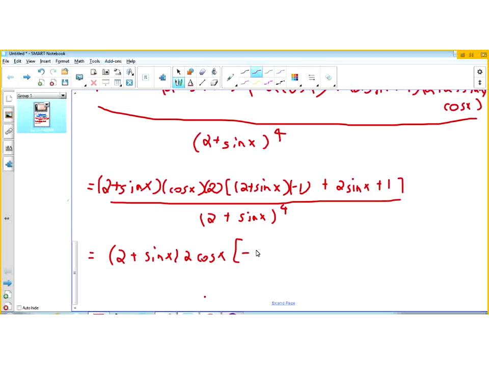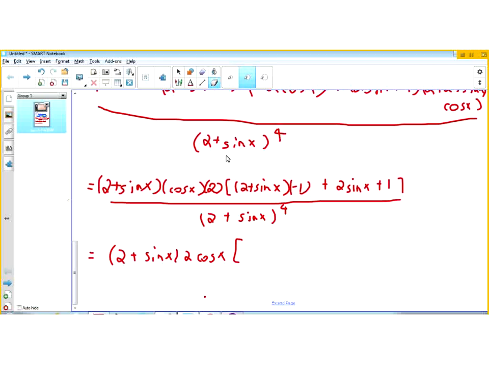Negative 2 sine x minus 1 plus 2 plus sine x. So we can simplify all that stuff in brackets, right?